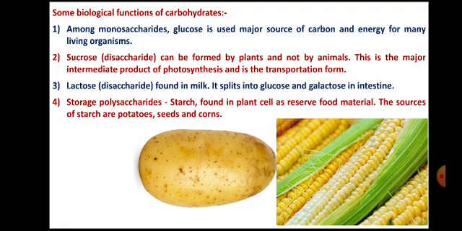Whenever energy and carbon are required by the cell, and easily available carbohydrates are not available, the stored food material is utilized for cellular metabolism. The sources of starch are potatoes, seeds, corn, and several plant materials.